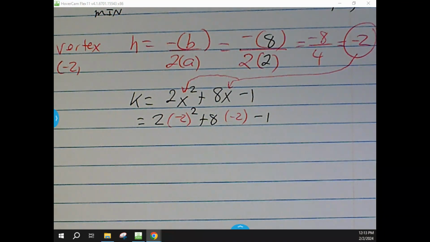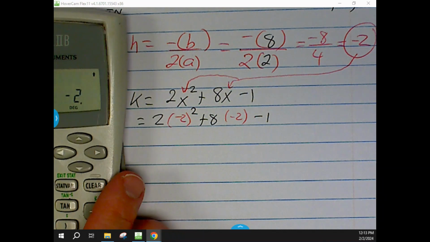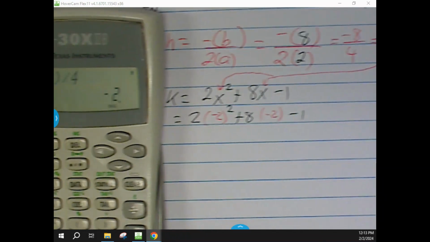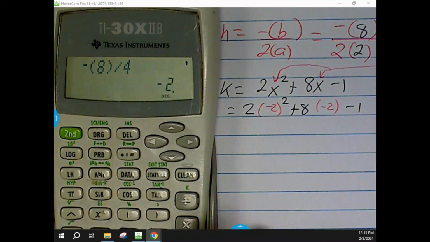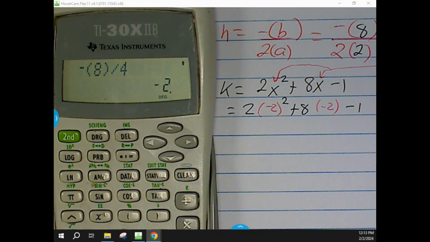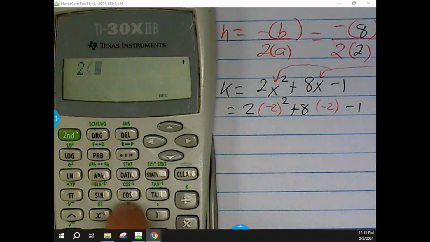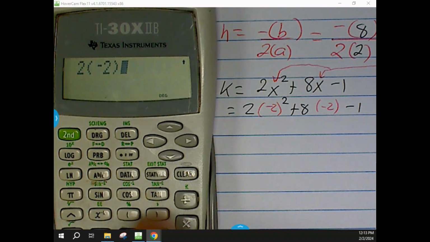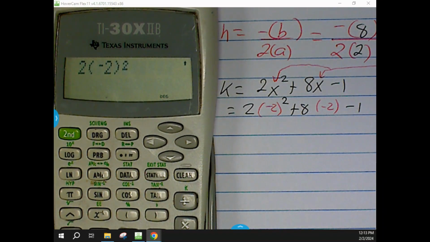You can punch that in any decent calculator, and it will give you the answer without having to do much of anything at all. Okay, so we're going to plug it in just like it is: 2, parentheses, negative 2, squared, plus 8, parentheses, negative 2, minus 1.